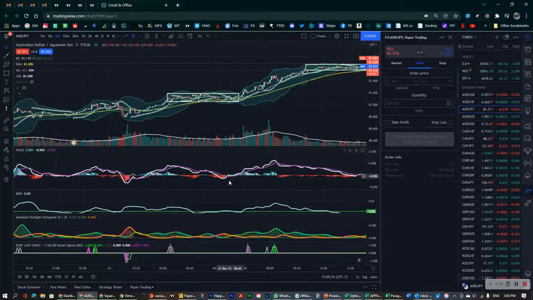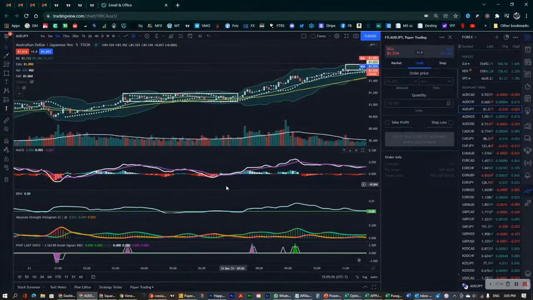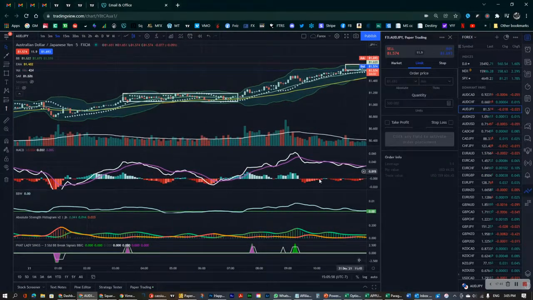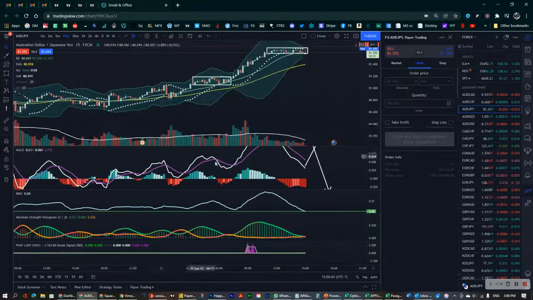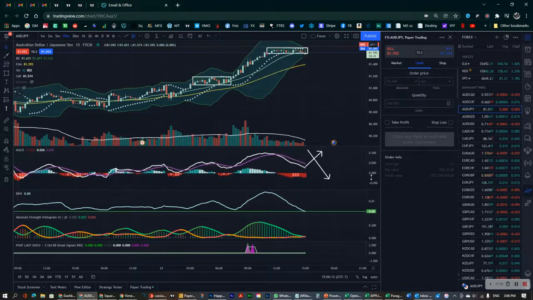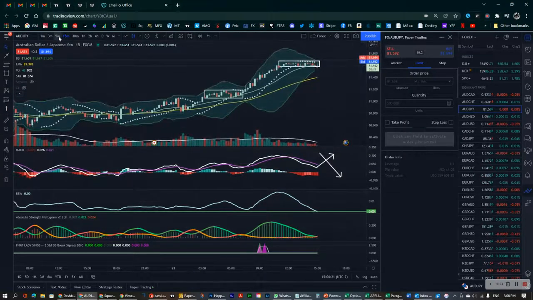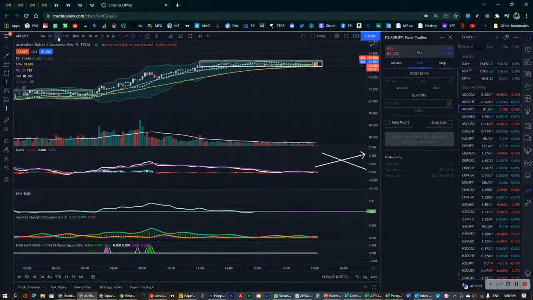So here's that lower base. And let's spread it out a little bit. See, it doesn't really show in the 15 minute. I mean, it does show that we're coming out of it. But this is something I do for confirmation. I'm on the 15 minute now. I'll go to the 5 minute.